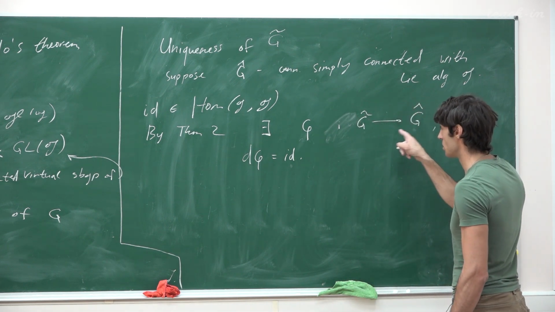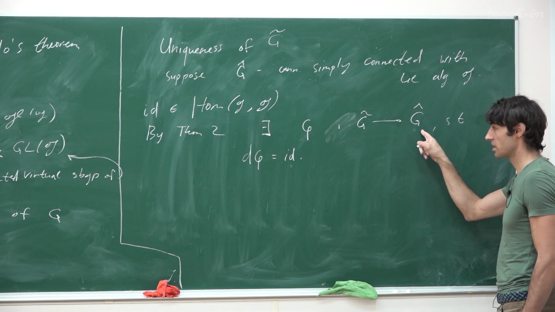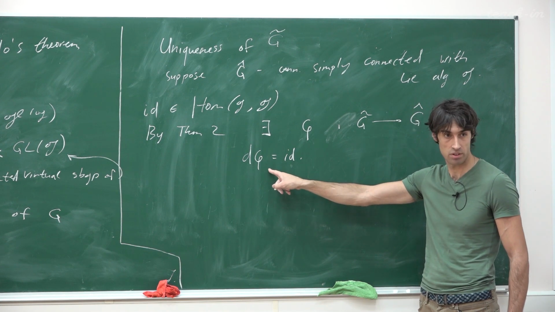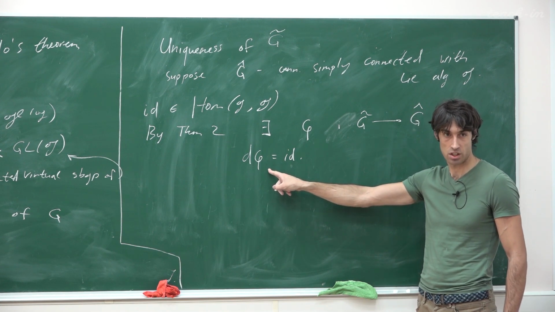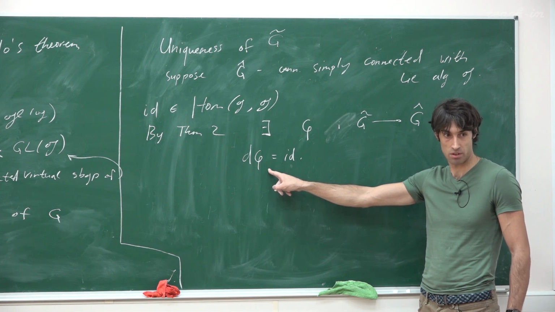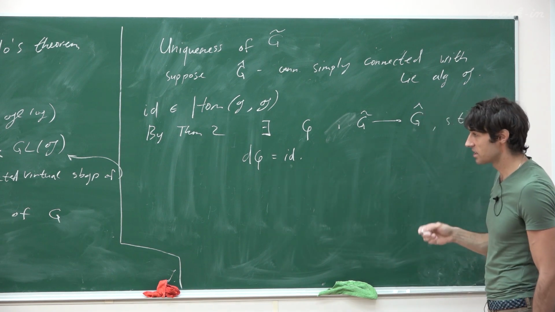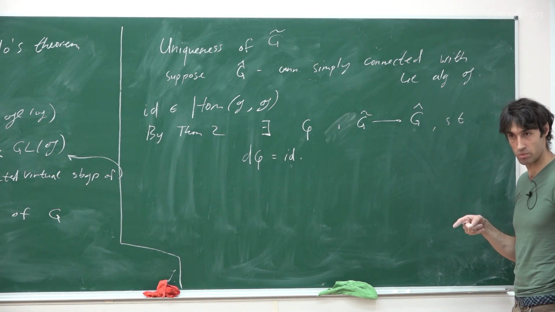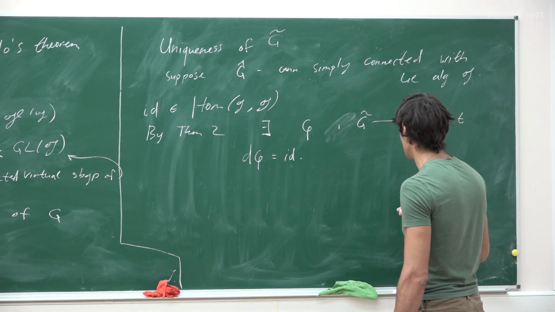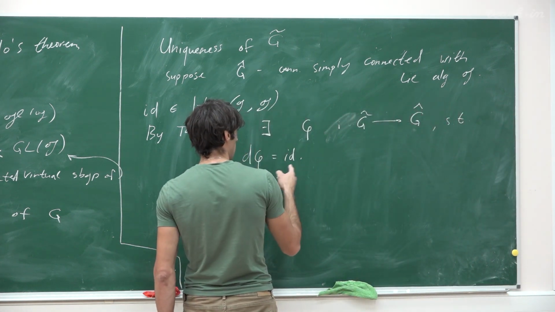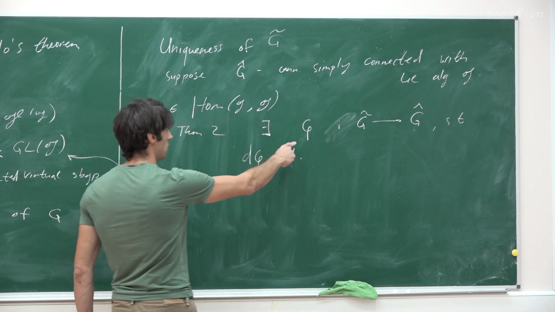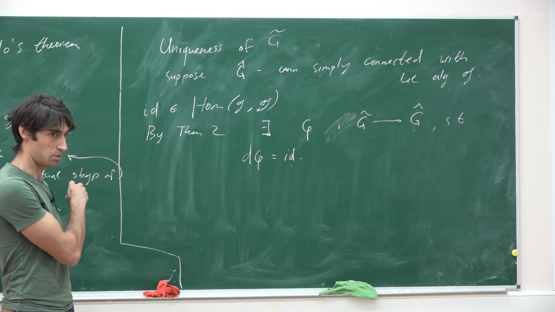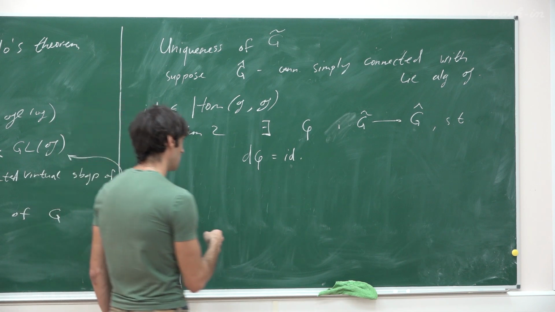So again, d phi is the identity. This is a map between simply connected spaces which is a local diffeomorphism. This means that it is actually an isomorphism, by the same argument as in proving theorem 2 from theorem 1. So d phi is the identity, and phi should be surjective for the same reason as before.